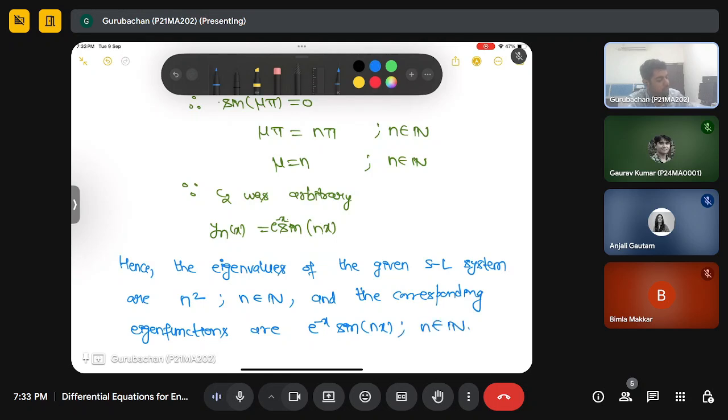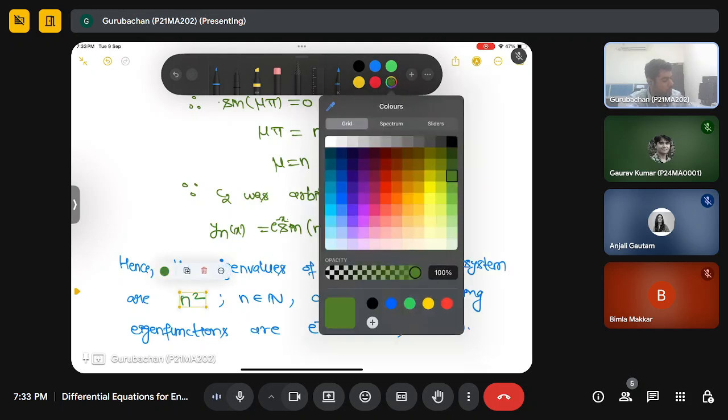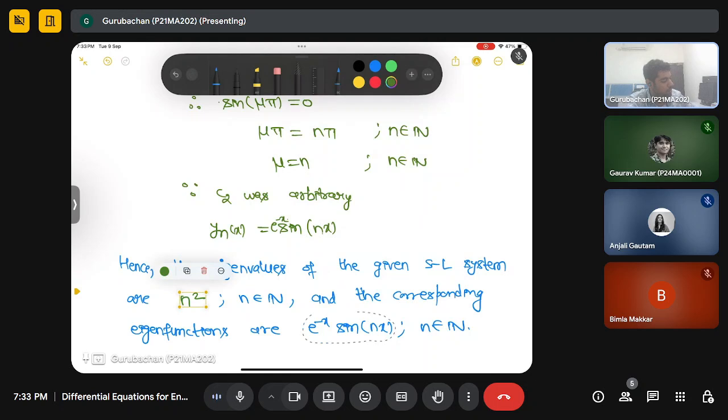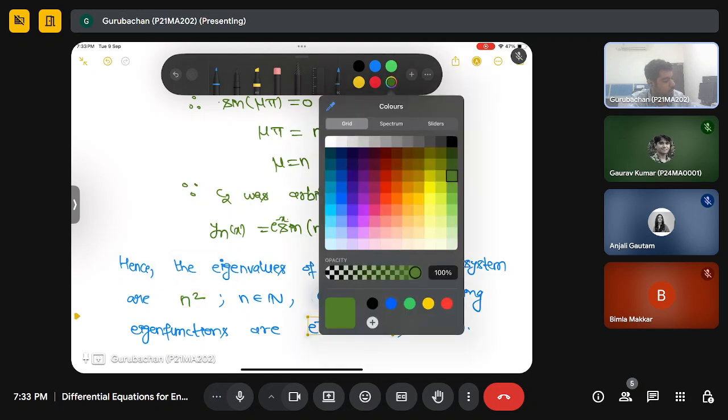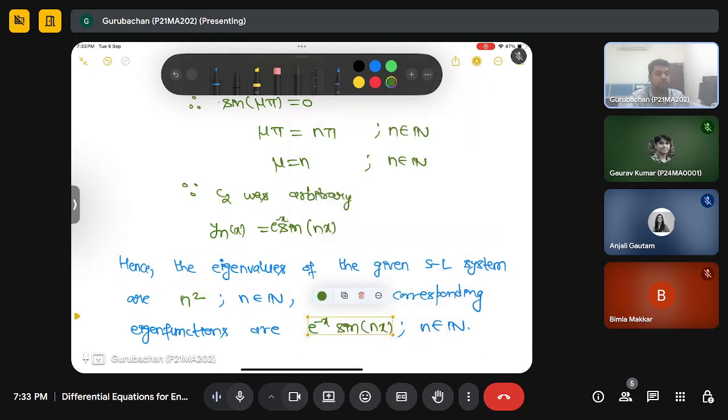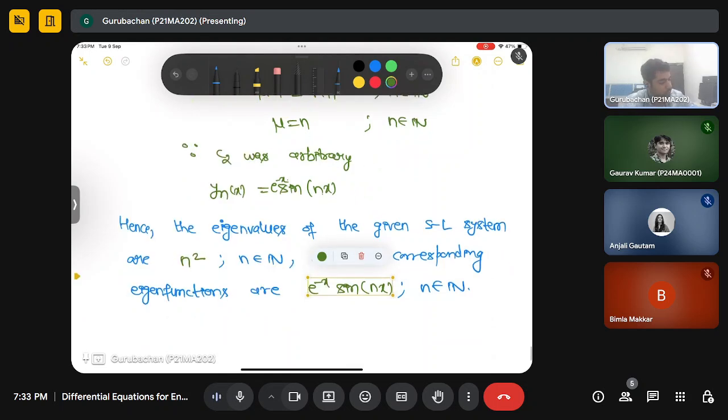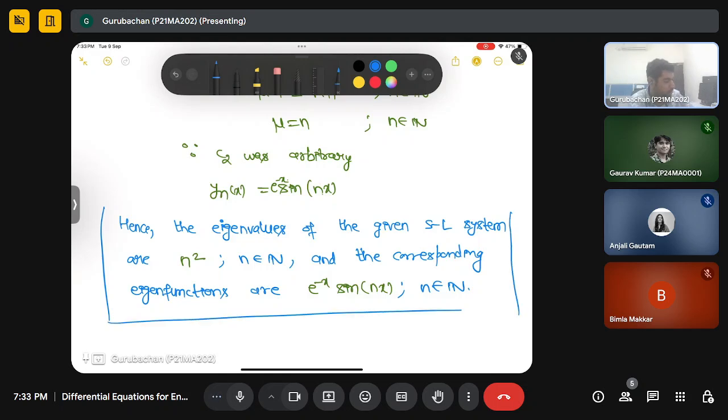So let us mention them with their respective cases. So this is n square, and this is e^(-x) sin nx. So these are the eigenvalues and eigenfunctions of the given SL system.